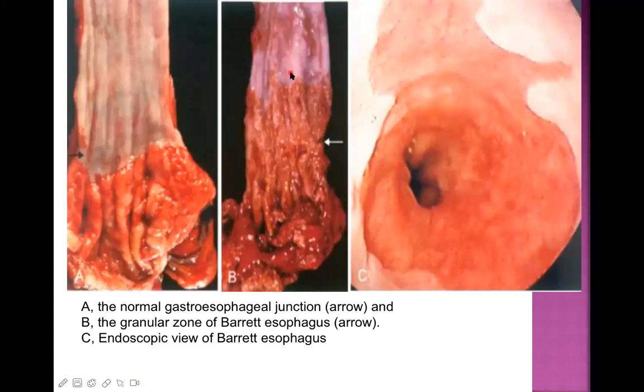The pale epithelium was stratified squamous. The red looking epithelium is columnar. So columnar is replacing the squamous. This is called metaplasia. This is the endoscopic view of Barrett esophagus. Look at this red epithelium extending upward. These are wonderful pictures of Barrett esophagus.